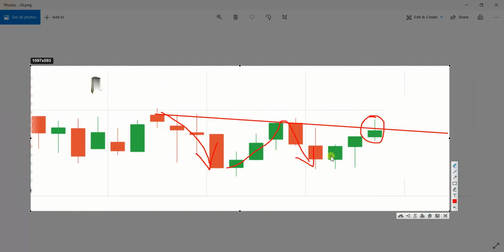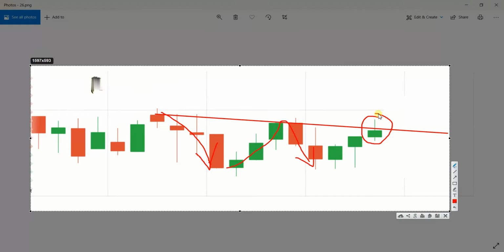You can see the bars step by step are getting weaker and weaker, so they are losing their power. It is visible by observing these three candles. The candle closed at the SNR level, at the trend line, and there is a rejection.